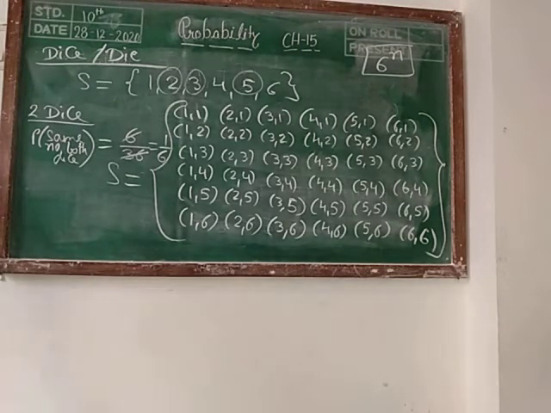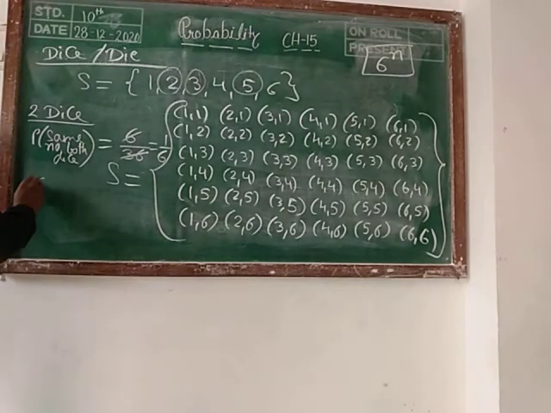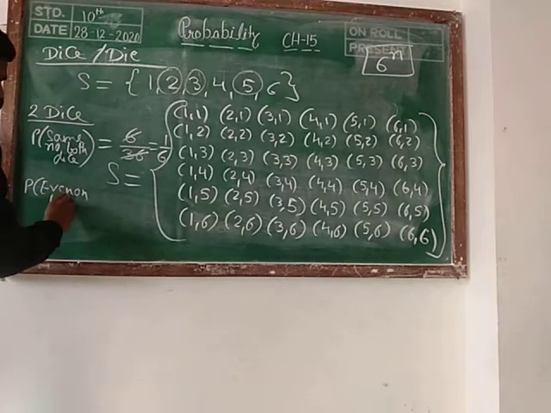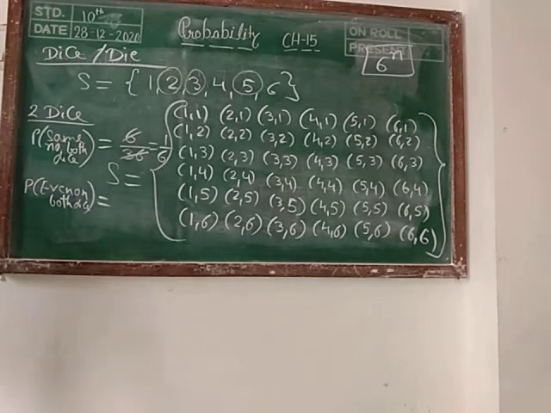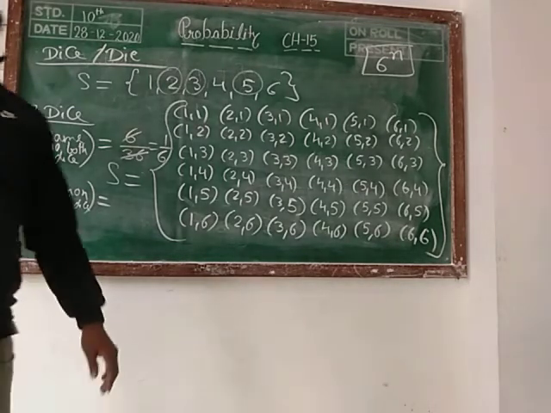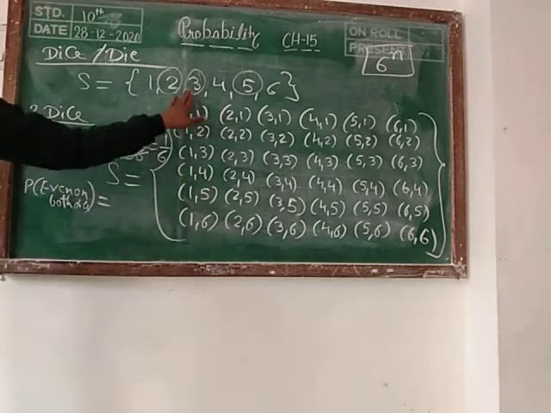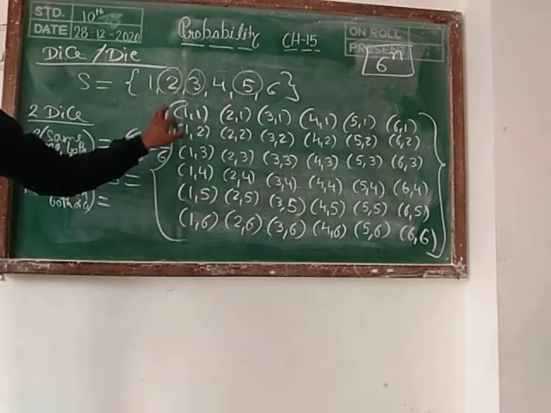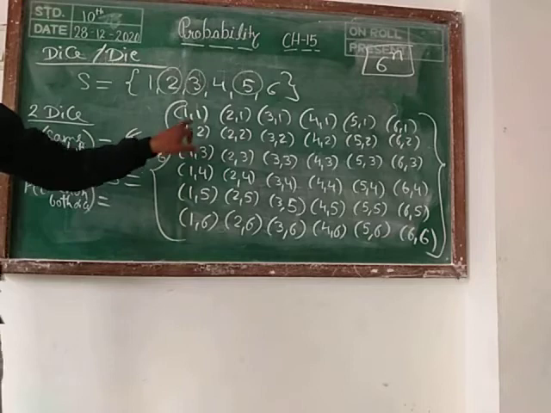Next question is, what will be the probability of getting even number on both the dice? Then we have to observe the even values. This you have to leave because it is started with 1. 1 is an odd number.